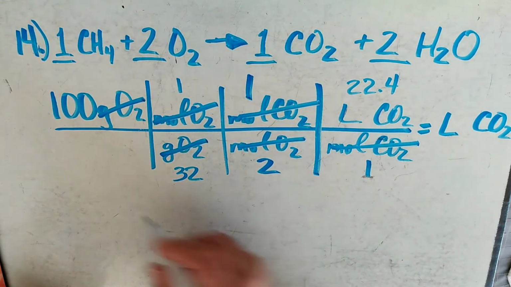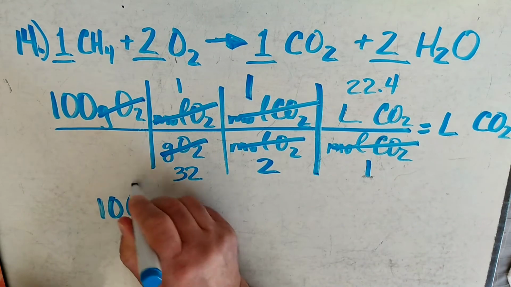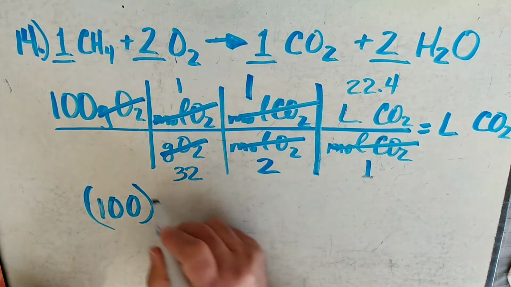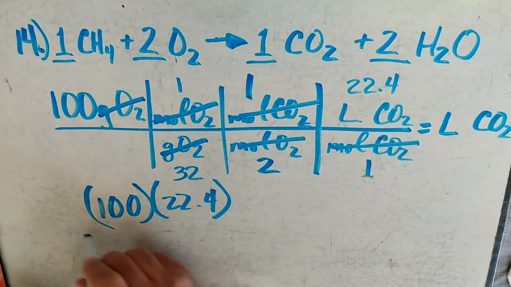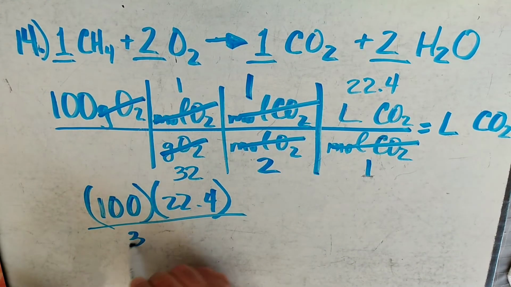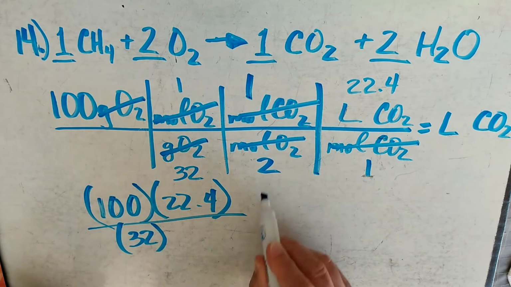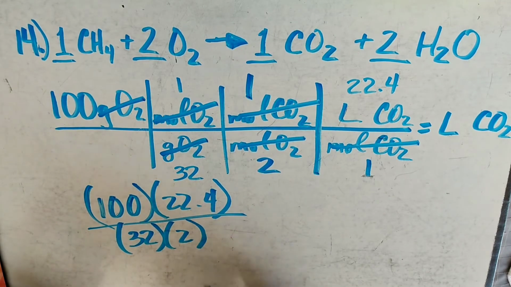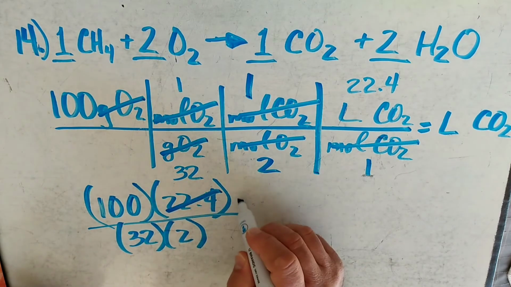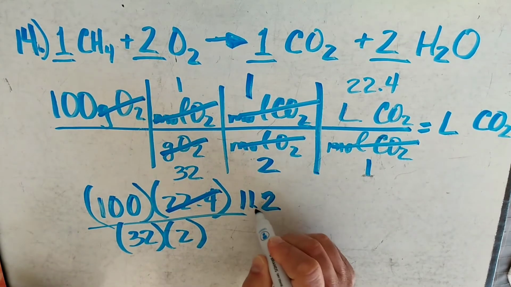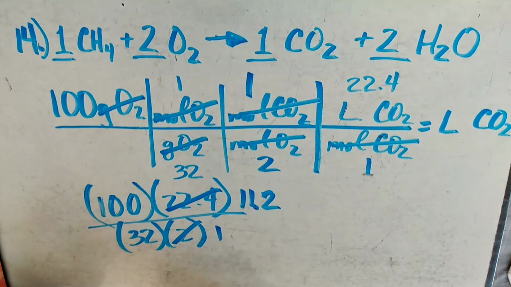Let's simplify by bringing the numbers down. We have 100 times 22.4, all divided by 32 and 2. Let's do a couple things here. 2 can go into 22.4 to give 11.2, so that becomes a 1.